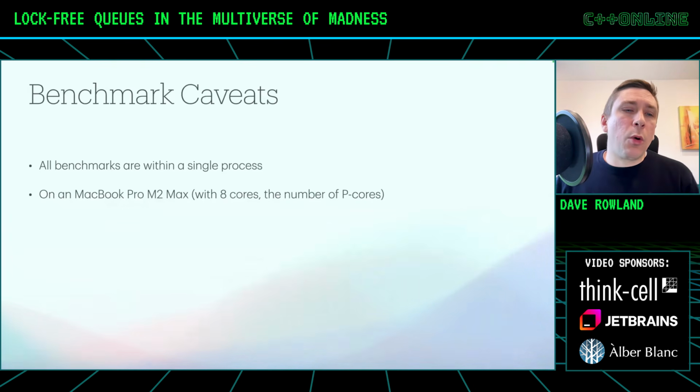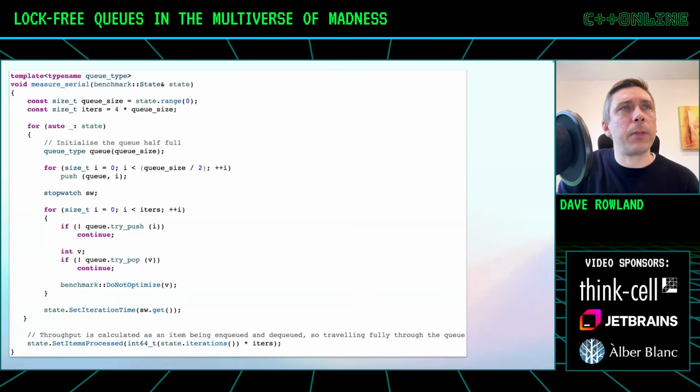Also, all the benchmarks are done on my M2 Mac machine, and they're all within a single process. There are a couple of interesting points here. One is this is an ARM architecture, which will become relevant. And also, when we deal with multiple threads for the multiple producer, multiple consumer side, I'm always going to use 4 threads each side. The idea there is that they can each have a dedicated P core, so I'm not using the efficiency cores.